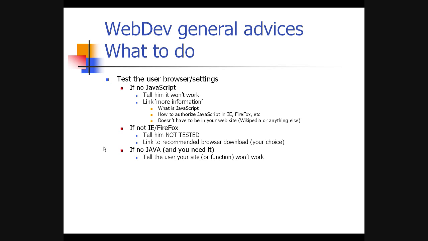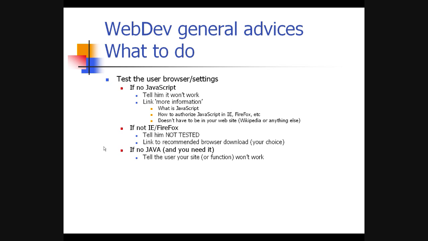And don't wait till the last moment to tell him that. Imagine that you're using a Java payment system. If you wait till the user has chosen all the products he wants to buy from you, he entered all the information, and when he clicks on the Buy It Now button, it tells him, oh, Java is not working on your machine, you cannot buy, what will happen?